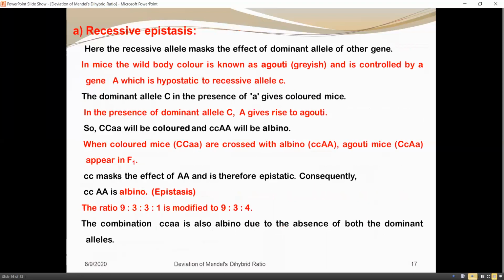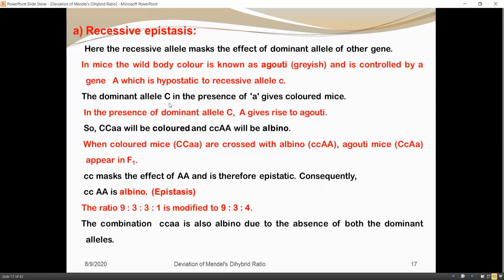Now, recessive epistasis we will see with this example. Here, the recessive allele masks the effect of the dominant allele of the other gene. In mice, the wild body color is known as agouti or grayish and is controlled by a gene A, which is hypostatic to recessive allele c.